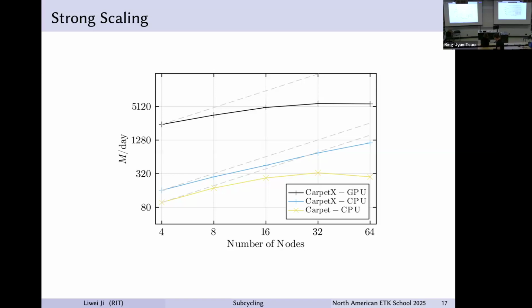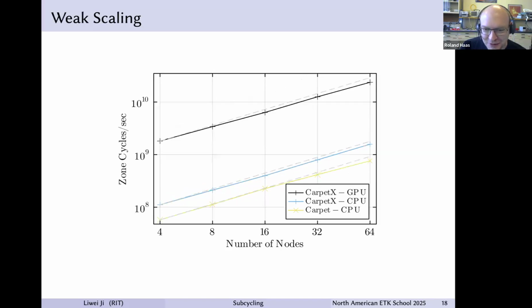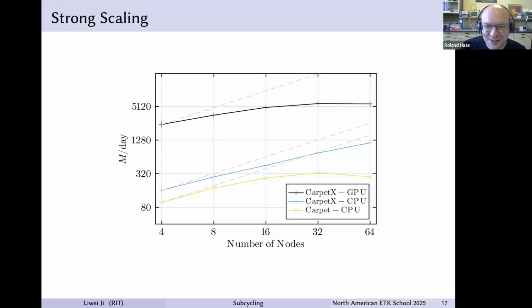Roland, I see you have your hand up. Please unmute yourself and ask your question. Thank you. I have two questions, a nice one and a mean one. I'll start with the mean one. In the slide you're showing, you show reasonably nice scaling for the CPU part of CarpetX. Then you have the GPU scaling, and the GPU is faster, but the scaling isn't really great.